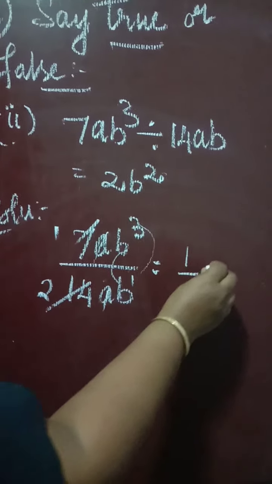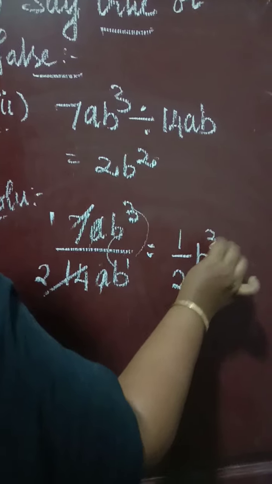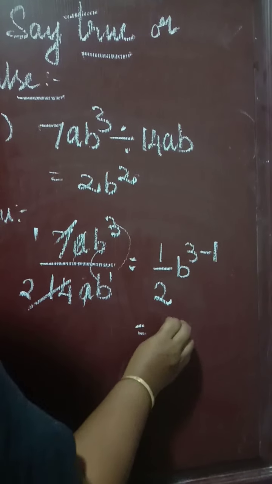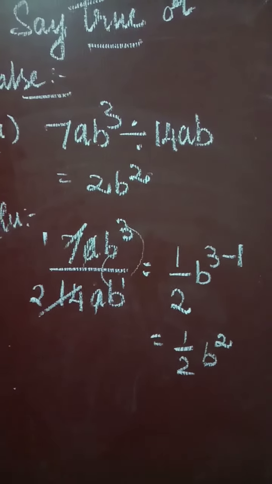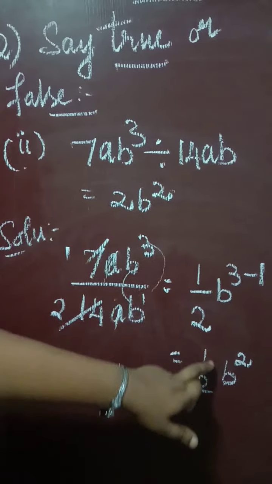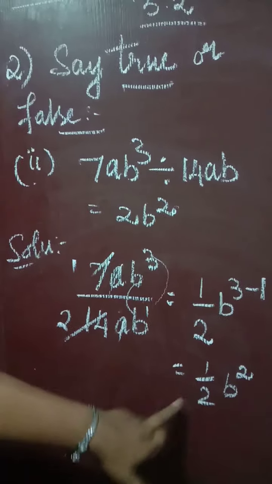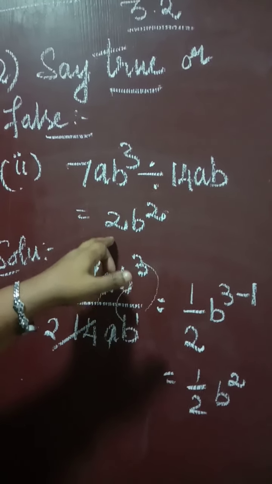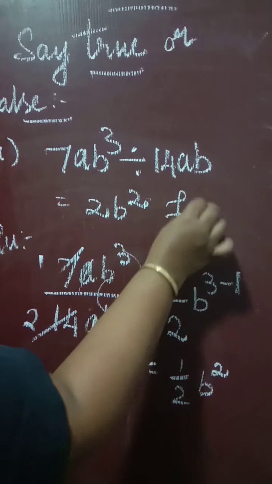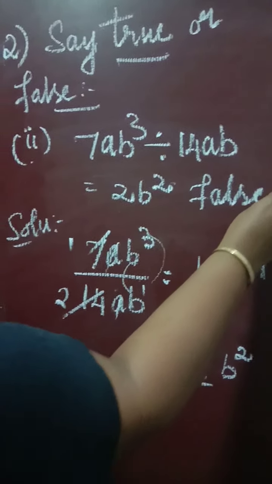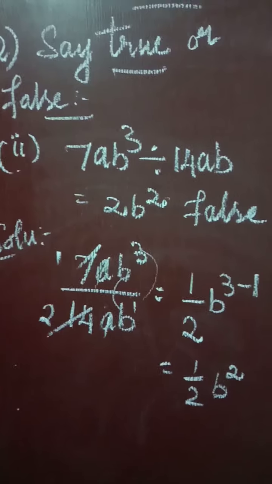What is the b term? b power 3 minus 1. So the answer is 1 by 2 b power 2. Here 2 is given, but the answer is 1 by 2. Is 1 by 2 and 2 the same? Not the same. So this answer is false. The first one you take as homework.